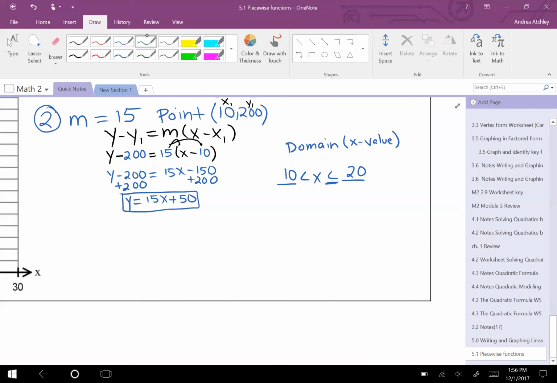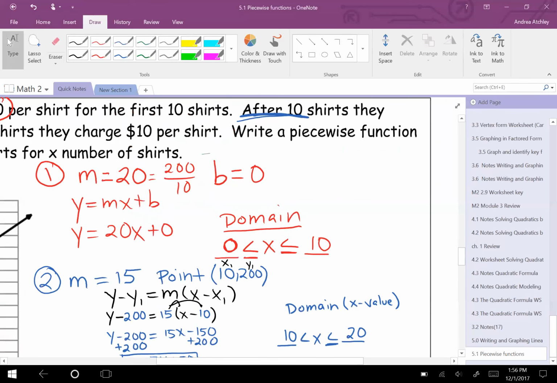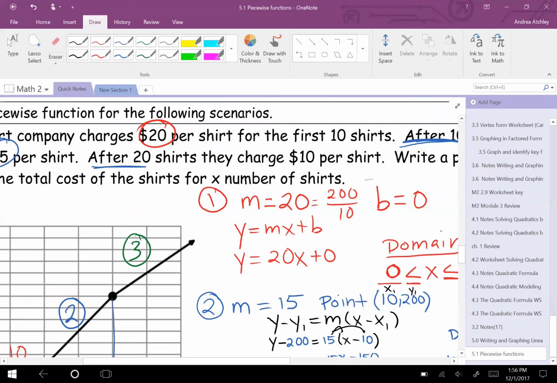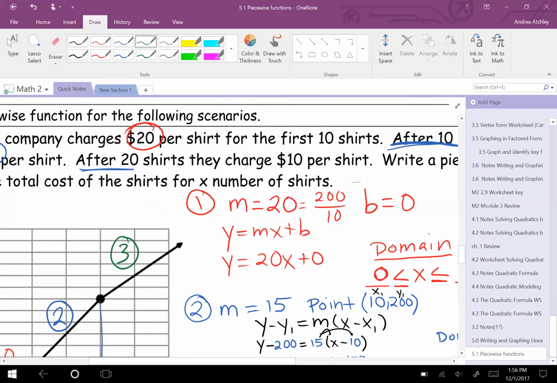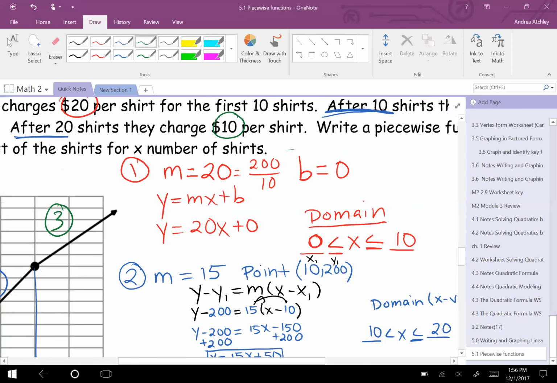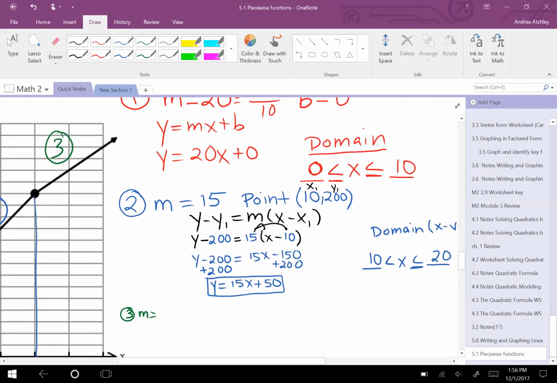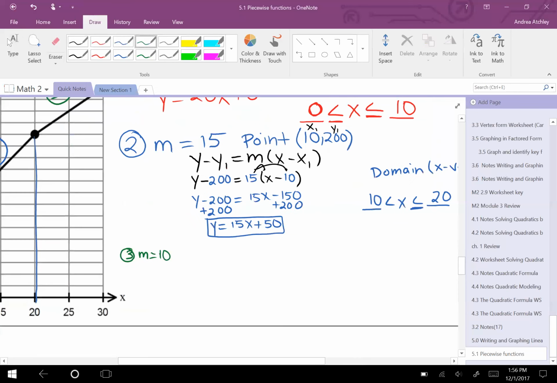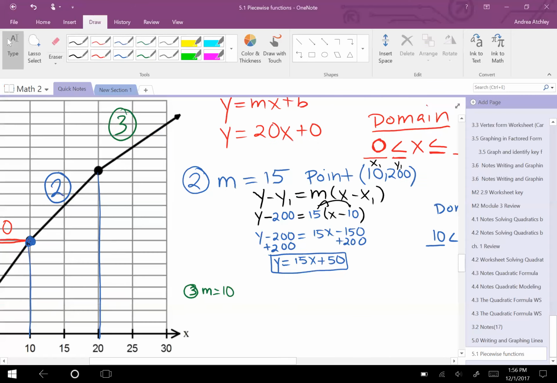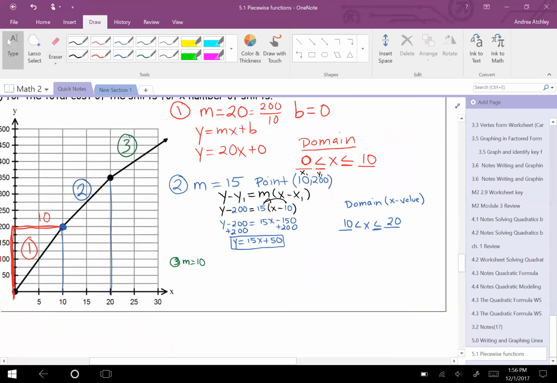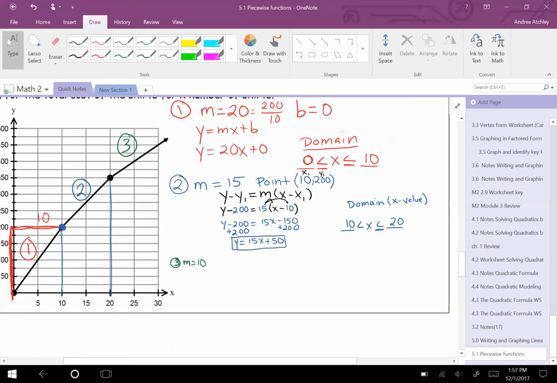Okay, number 3. Now we'll go back to our equation again. After 20, they are going to start charging me now $10 per shirt. So that's my rate. And again, I don't see a y-intercept for this.